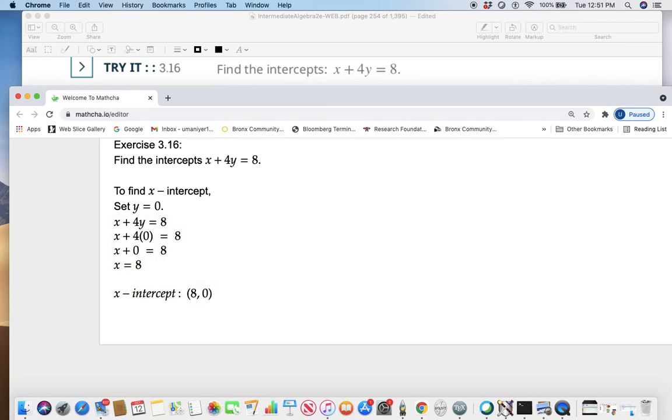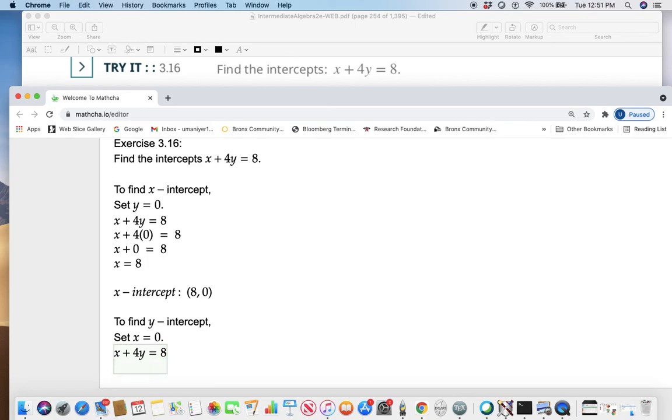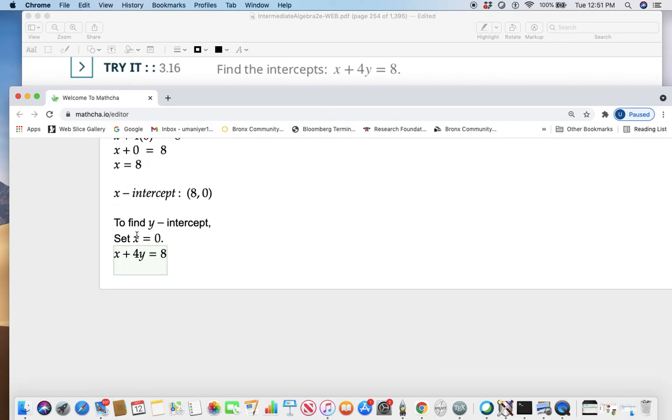Likewise, to find the y-intercept, set x to 0. You take your original equation and set x to 0. Okay. 0 plus anything is anything. 4y equals 8.